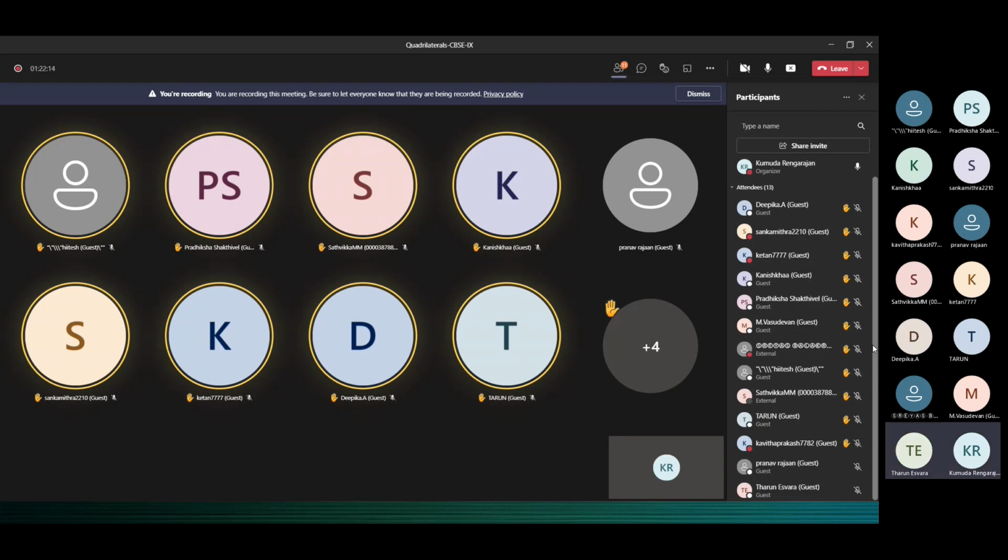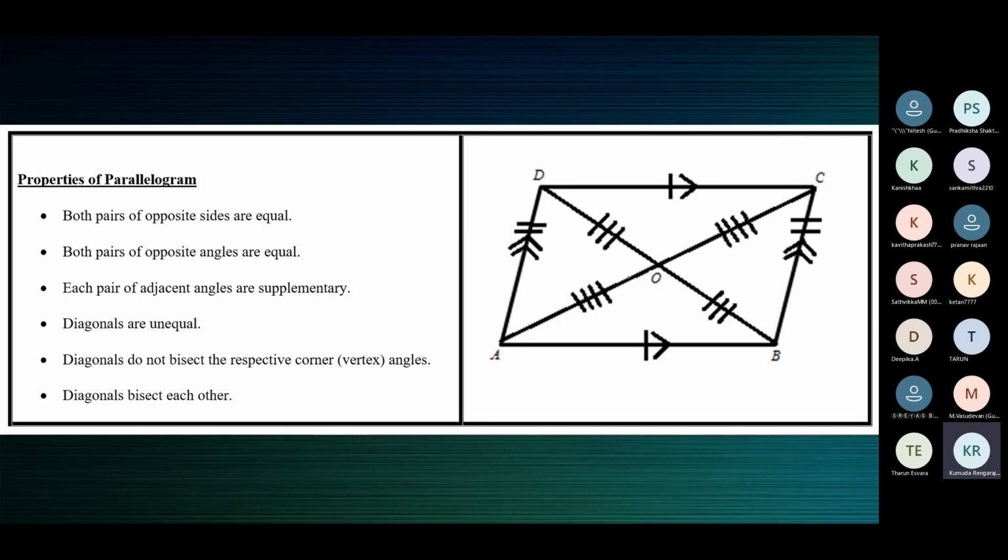Pranav, are you there? You did not use the raise hand emoji. There is a delay in using the raise hand option. All right.